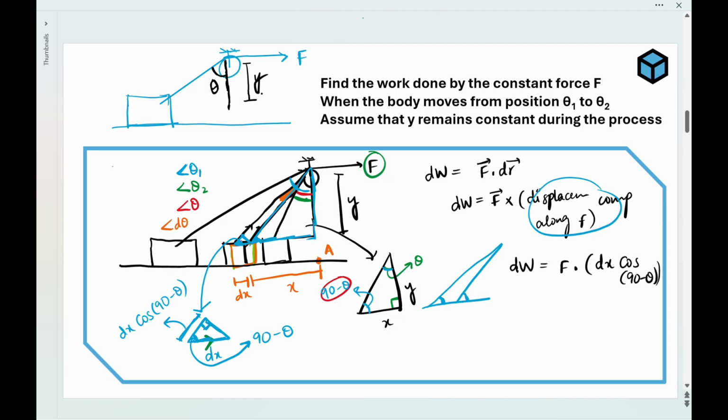Since we know that cos of 90 minus theta is sin theta, dw can be written as F into dx into sin theta.